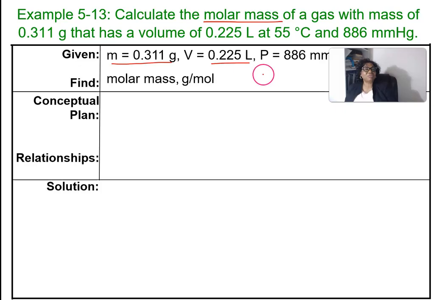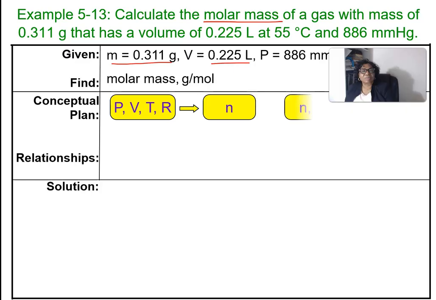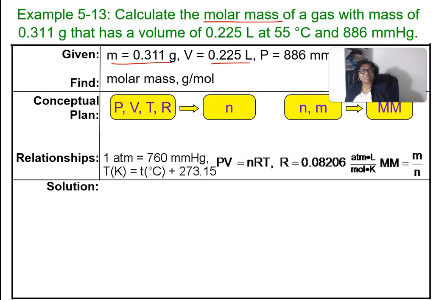But take note, we have to convert the temperature to Kelvin, and we have to convert the pressure to atmosphere before we can substitute and get our molar mass. So we do this conversion.